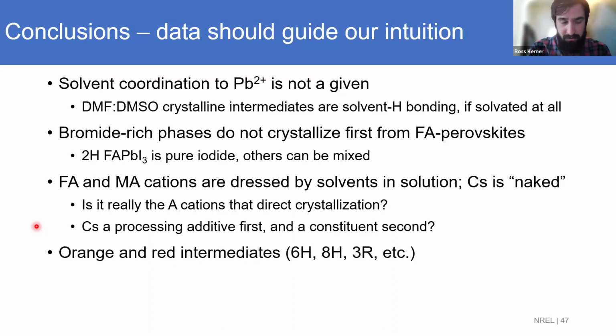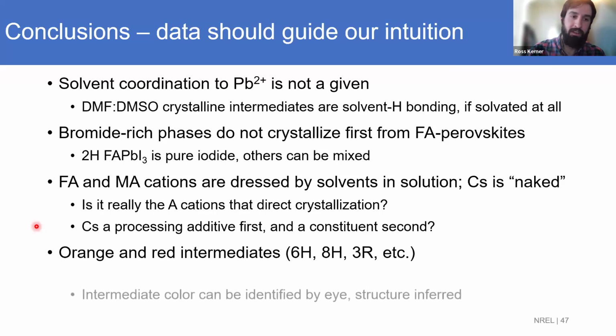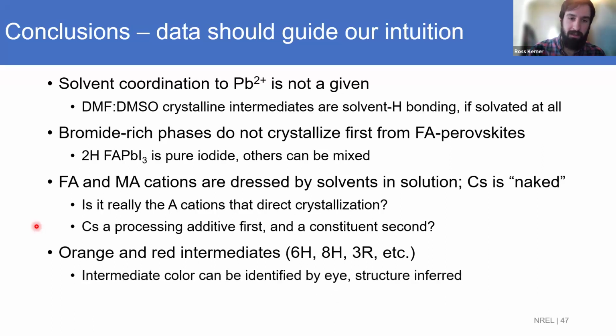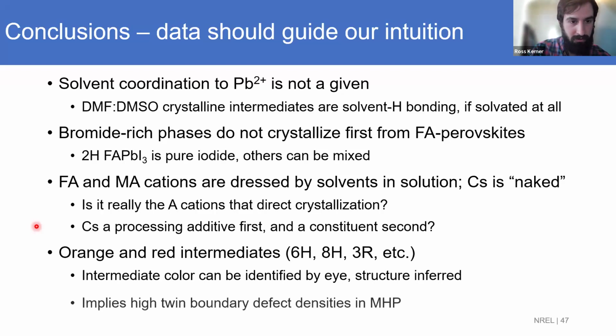And then the orange and red intermediate, 6H, 4H, and then 3R is brown, but could be kind of a defective trap. Can be identified by eye. So, as you're doing these things, you can kind of picture what might be happening on an atomistic or microscopic level.